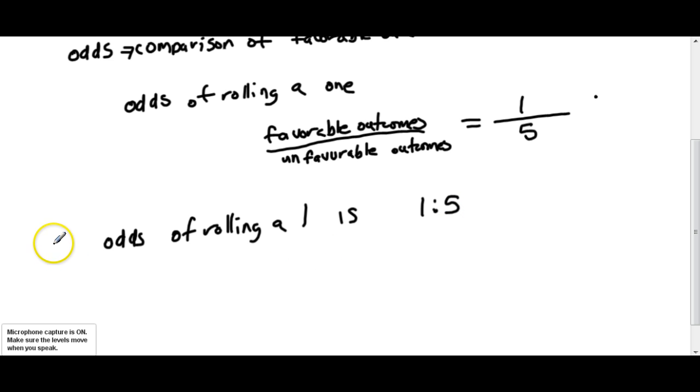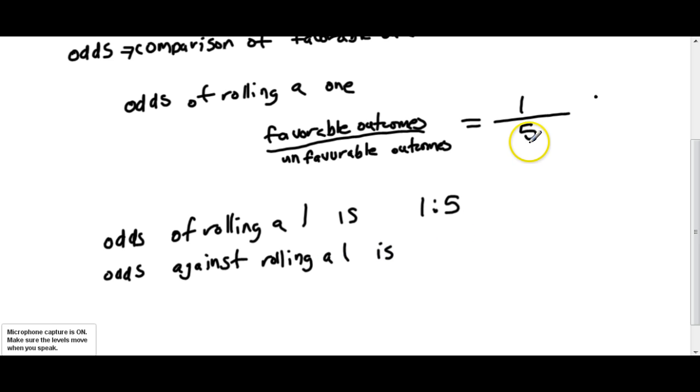Okay, this would be odds in favor of rolling a 1. The odds against rolling a 1 is just the reverse. You've got 5 other chances to roll another number, 2, 3, 4, 5, or 6, compared to the 1, so it would just be reversed. The odds against is just 5 to 1.